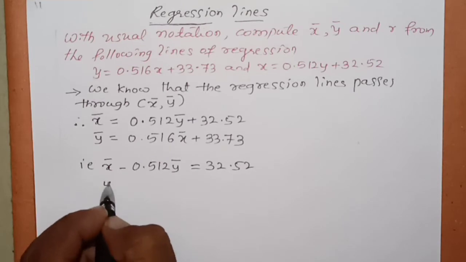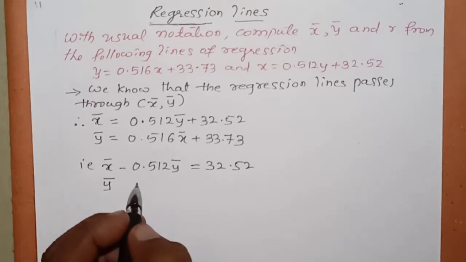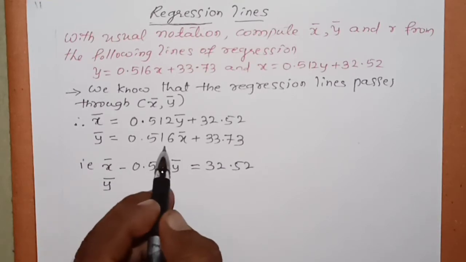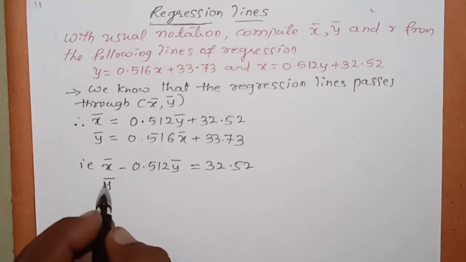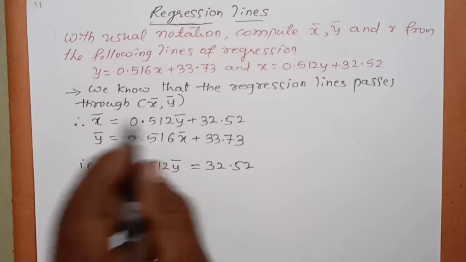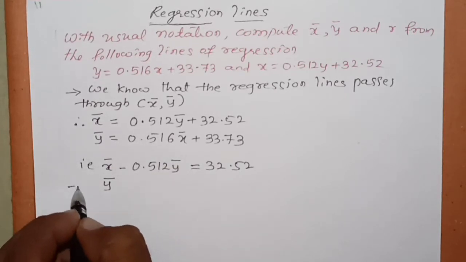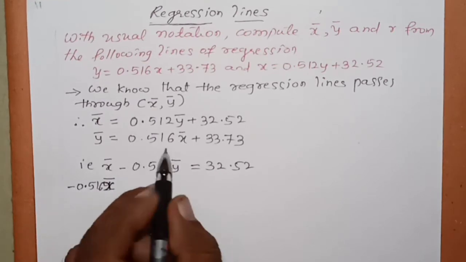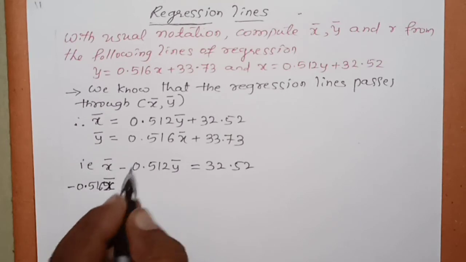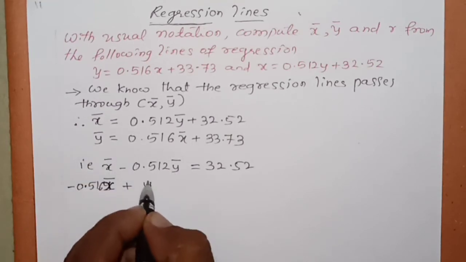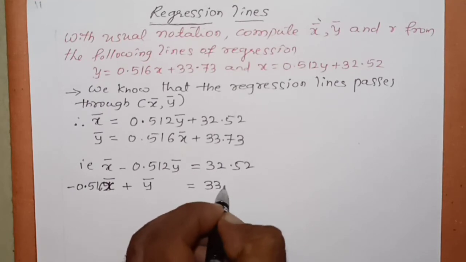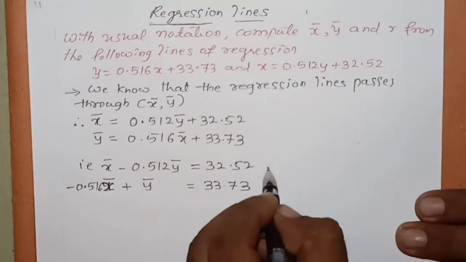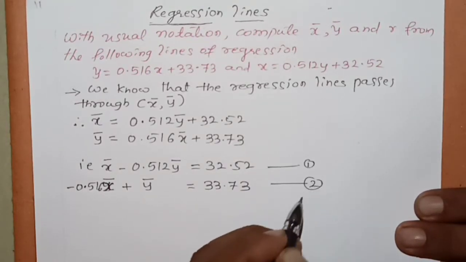And for y bar, the first term is 0.516 x bar, so shifting it, it becomes minus 0.516 x bar plus y bar is equal to 33.73. Now call this equation 1 and call this equation 2.